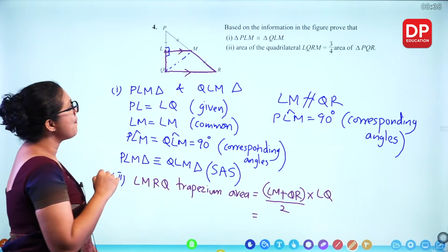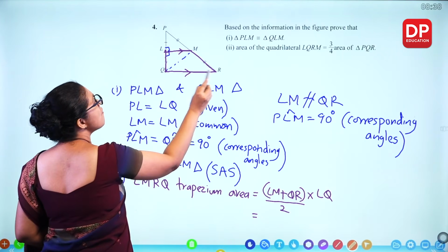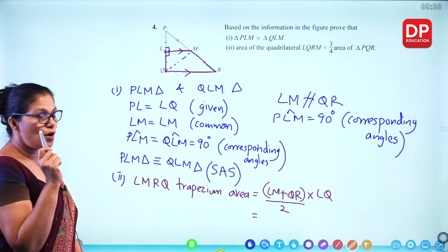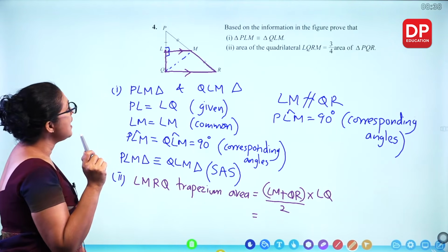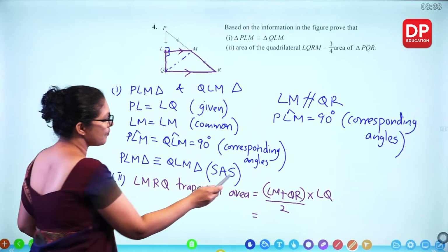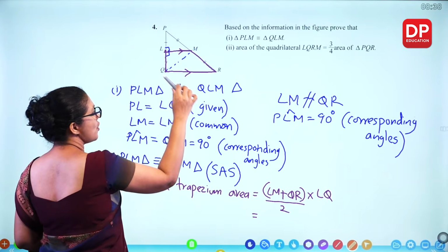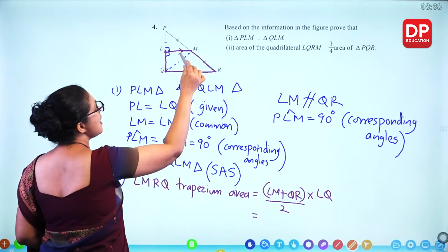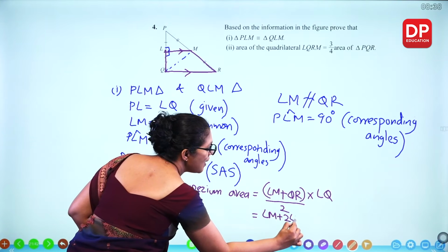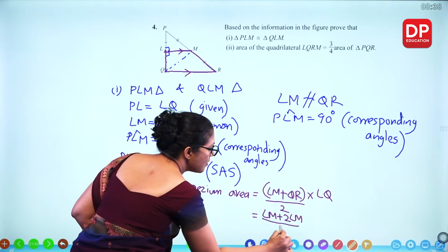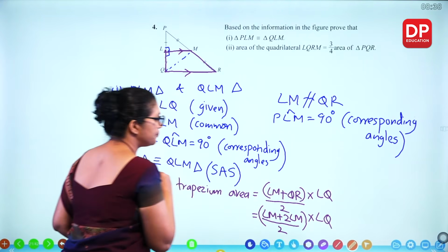What is LM? LM is half of QR according to the midpoint theorem. So we'll write LM is half QR, or I can write the other way, it's easy for you. QR is double of LM. 2LM instead of QR into LQ.